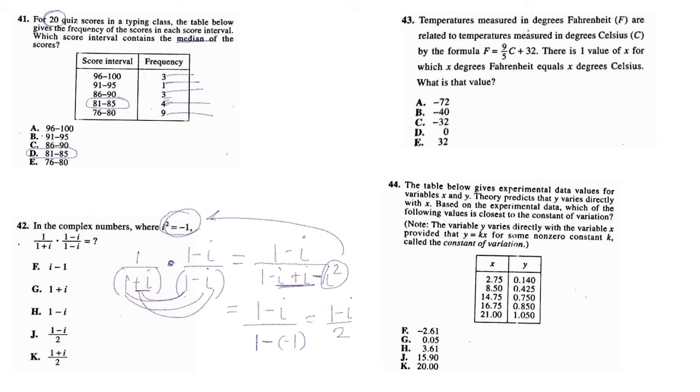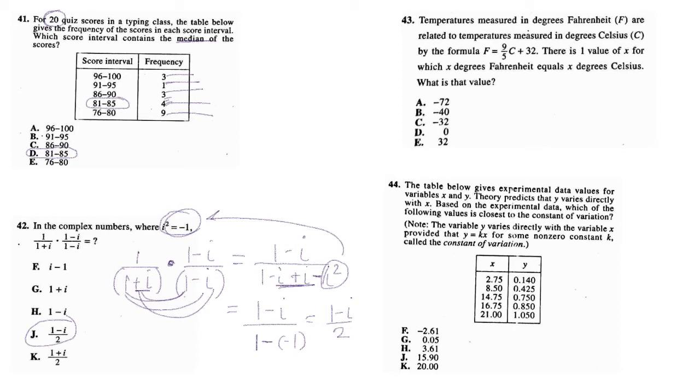So let's see, which answer choice, 1 minus i all over 2, looks like it's going to have to be answer choice J. Okay, moving on to 44. Okay, let's see, with 44, looks like it's going to be a difficult problem, but I think we can work around that.